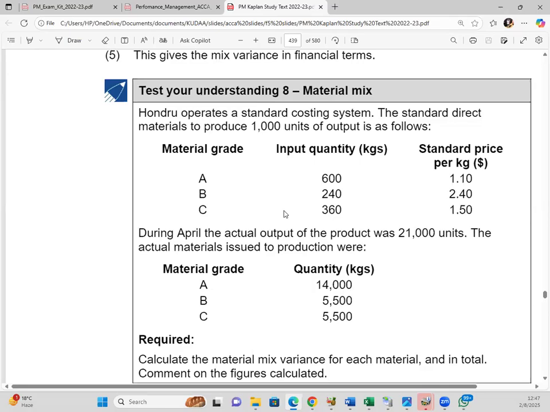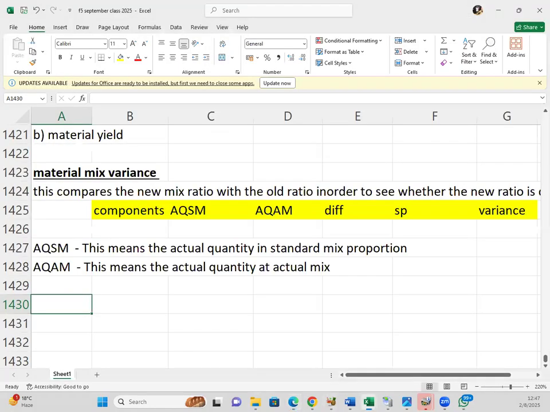So let's go and apply that to the question, sorry, to our proforma.